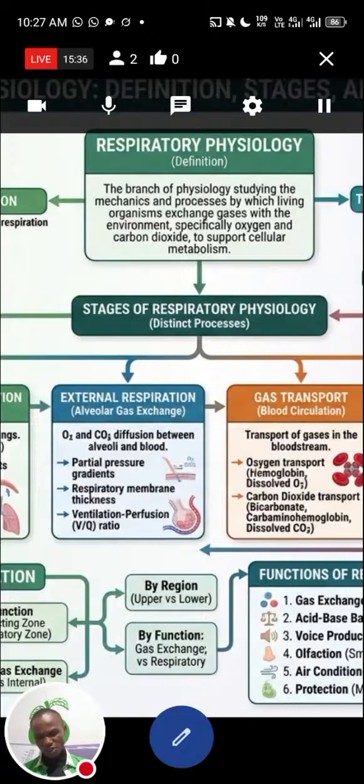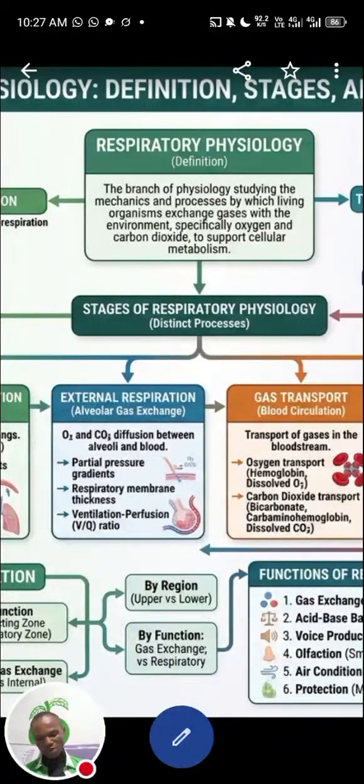Number 14 we looked at was stages of life. The next one we look at is the stages of respiratory physiology. Life is FIELA, and here we have VETP. V is ventilation. E is exchange stage.